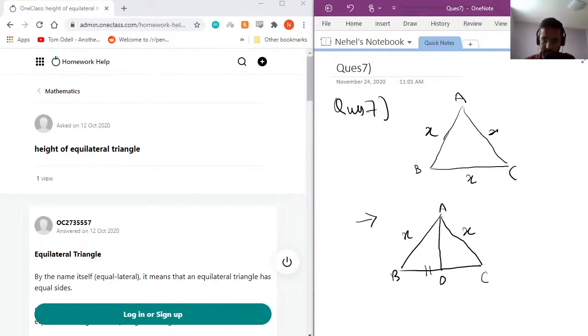So this is equal to this, and they are both equal to X over 2, since the overall length BC was equal to X. So when we split it into two halves, it becomes X over 2, X over 2.